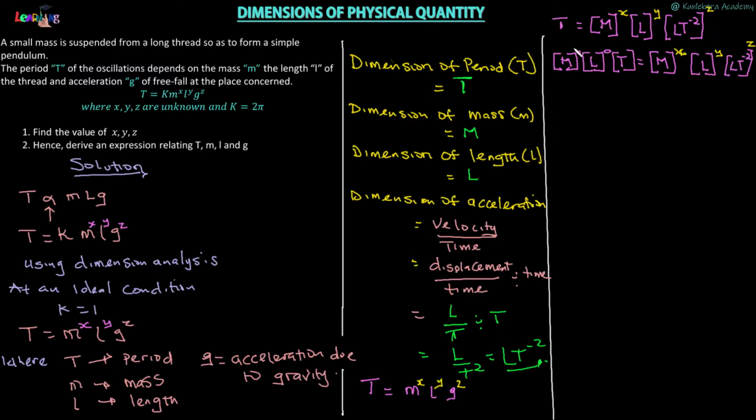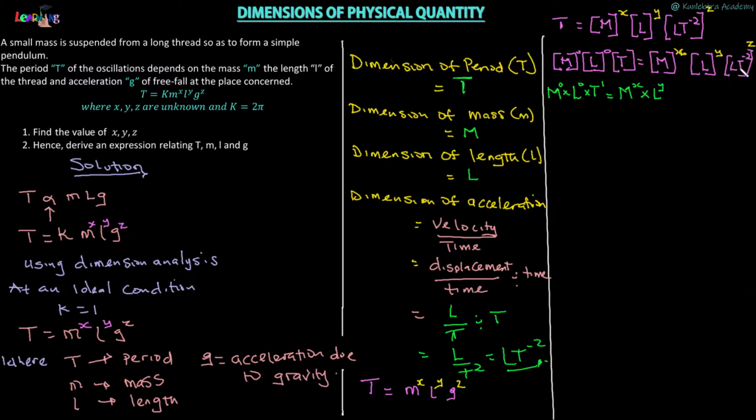Now, why do we have to express this? So that you can compare the left hand side and the right hand side. M⁰ is 1, L⁰ is 1, and we have our T still here. Now, let's express everything. You have M⁰ times L⁰ times T¹ is equal to M^x times L^y.